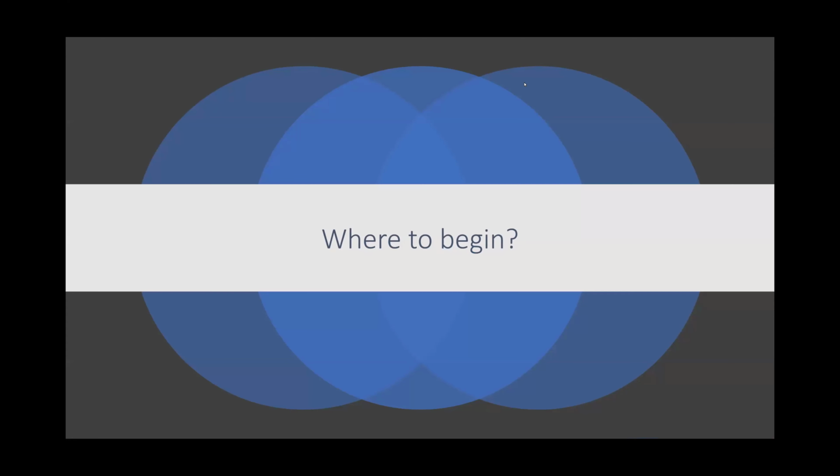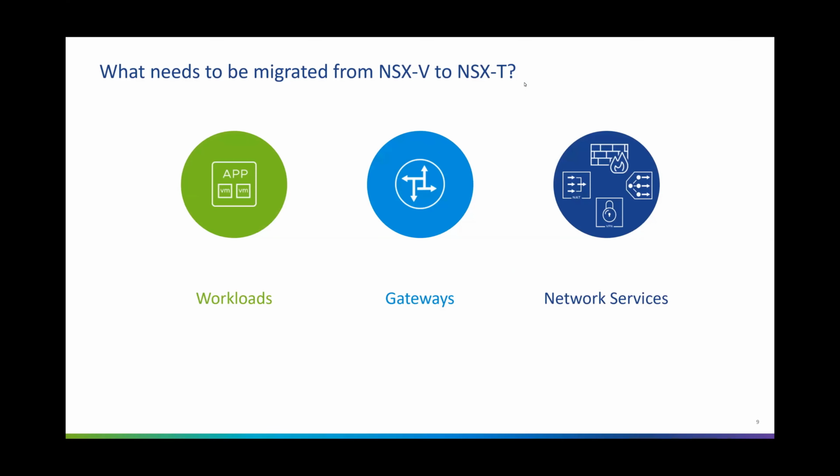So where to begin? Let's take a look and see how we get from V to T. V is a great product. If you're familiar with V, you understand the concept of, say, an edge services gateway, DLR, maybe a DLR control VM, the logical switches, maybe universal logical switches.